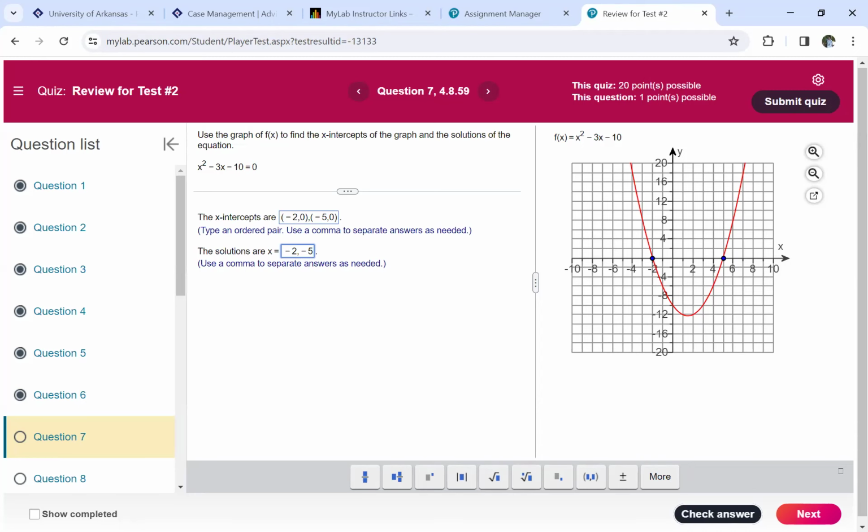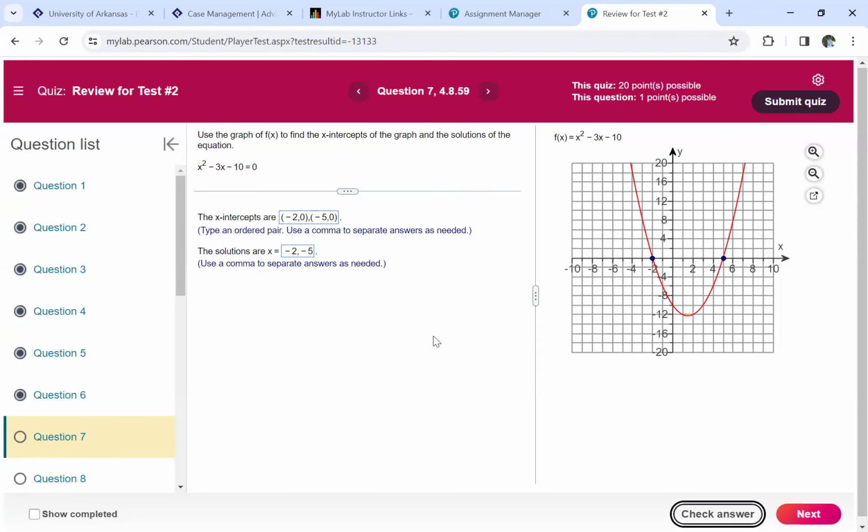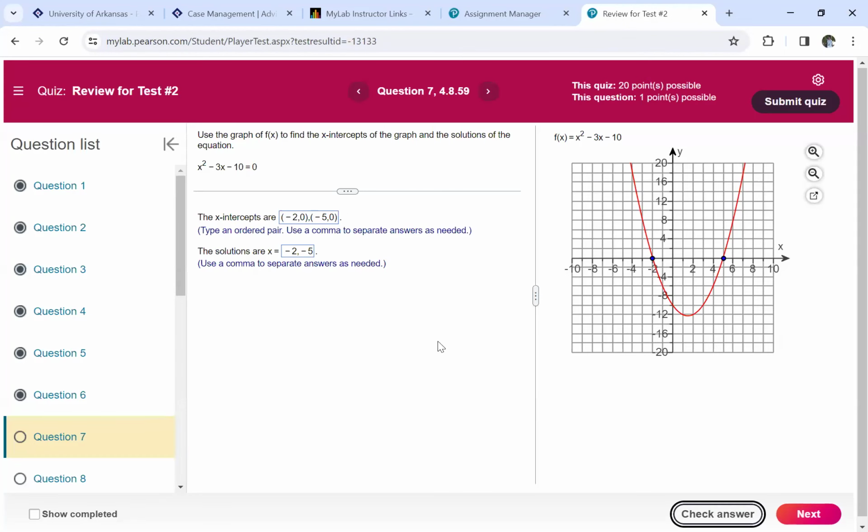Then you would check and be good. Oh, what'd it say? Oh, y'all, let me look at that. Shouldn't the second number be a positive for the x-intercept?